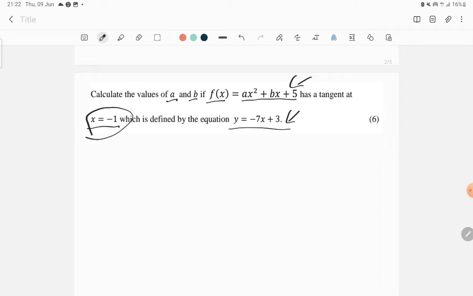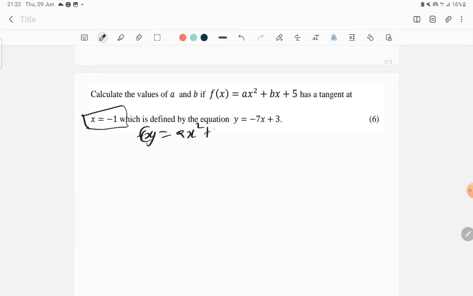We are to determine the value of a and the value of b when this information is given. So what do you need to remember? You need to remember that we have this point that you can substitute in the place of f at x. So our f at x is defined by this graph.